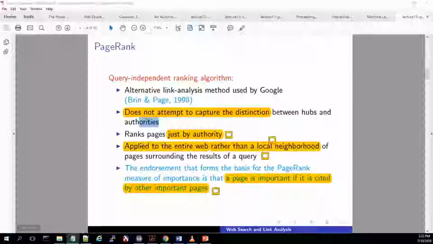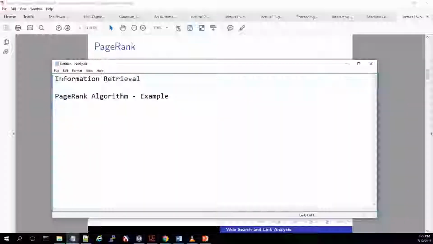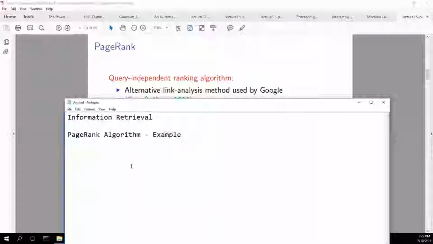So I want us to understand that. I'll write that down. It's a bit tricky, but we need to get the difference.